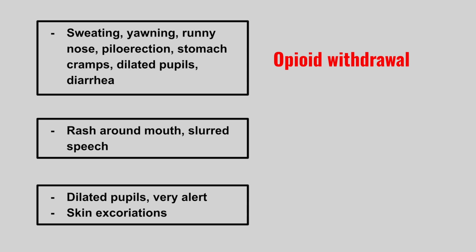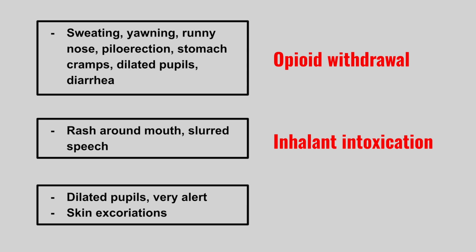So this is opioid withdrawal. And remember, this often presents as a flu-like illness. Next, we have a patient that has a rash around the mouth and slurred speech. So this is inhalant intoxication.